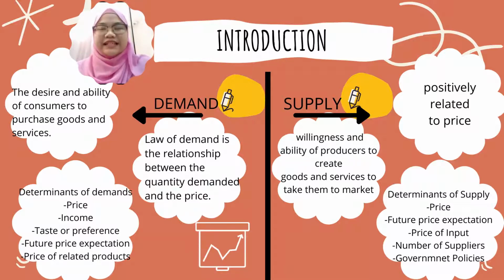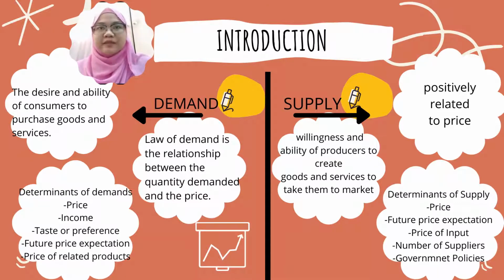Next, the willingness and ability of producers to create goods and services and take them to market is the definition of supply in economics. Supply is positively related to price. If the price of goods and services is higher, there is an incentive for suppliers to supply more goods and services, as higher price can generate more revenue and profit.